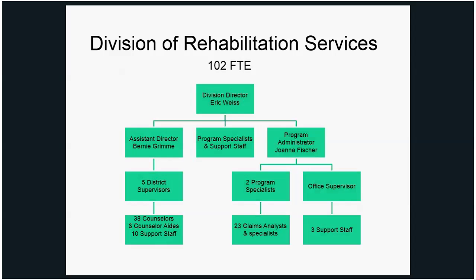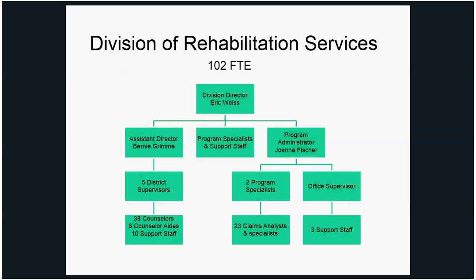And Jennifer Guther is our program specialist that is primarily involved with independent living and is our waiver manager for our ADLS Medicaid waiver.